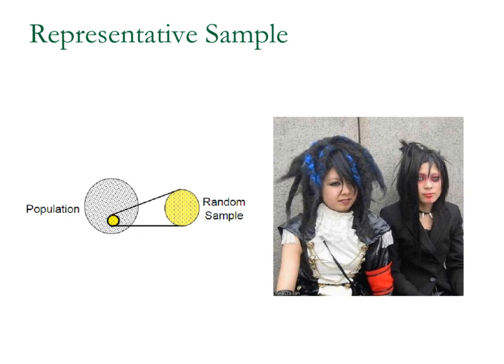The way to do that is to engage in a random selection. This means that I don't want to pick people in one place. I want to pick people who are randomly located around the area in order to get the widest sample possible.